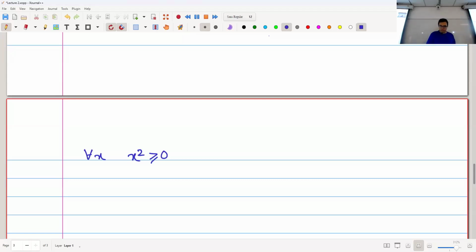So this is now a meaningful statement. I can assign a truth value to it, but the truth value I assign is very much dependent on my universe. So I should always know what my universe is. Sometimes to make this more specific, I can write my universe here. So I can say for every x in R, x squared is greater than or equal to 0. But if I'm always talking about R, I wouldn't bother writing it all the time.